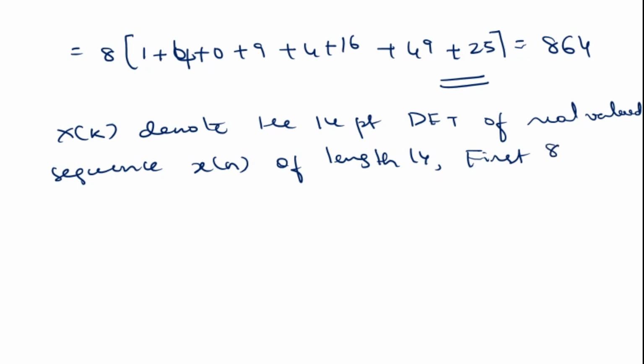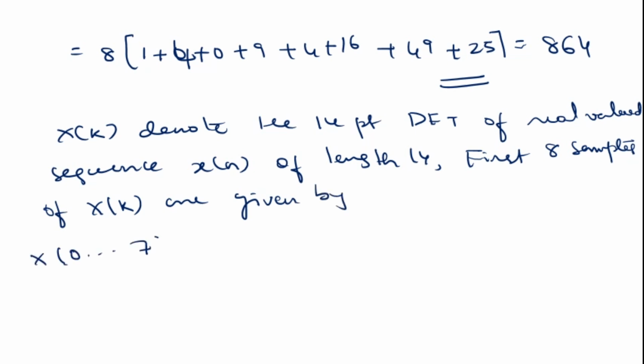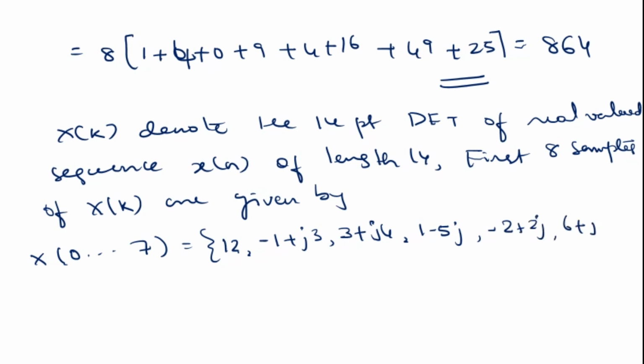First 8 samples of x of k are given by x of 0 to 7 is given 12 comma minus 1 plus j3, 3 plus j4, 1 minus 5j, minus 2 plus 2j, 6 plus j3, minus 2 minus 3j and 10.